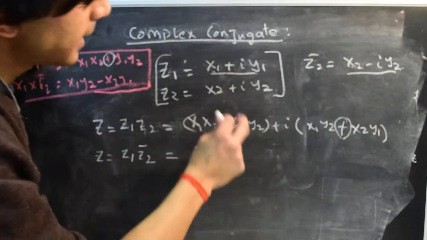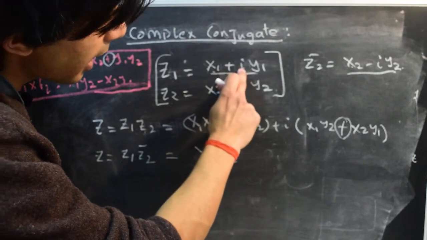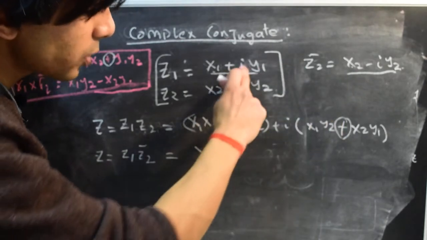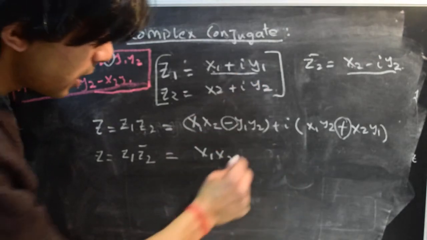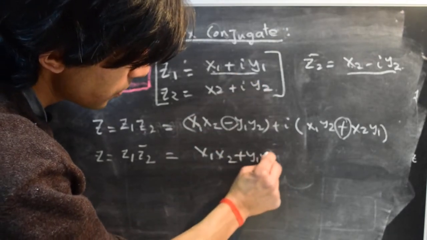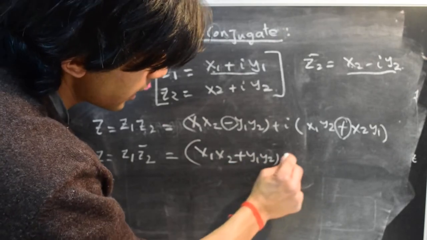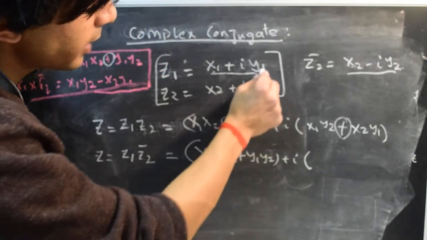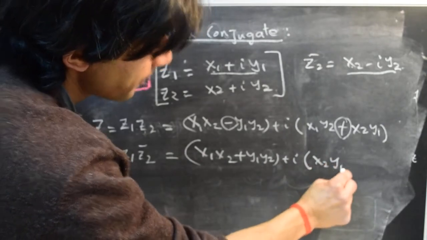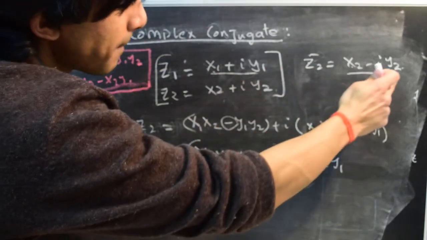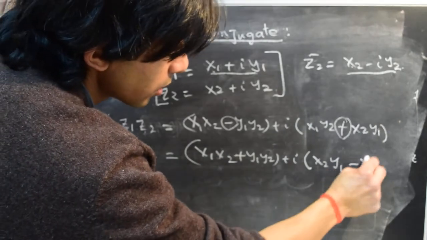Then we have minus I squared, y1, y2, and minus I squared gives us a plus, so we have plus y1, y2. Then we have an I times x2, y1 positive, and then minus x1, y2.